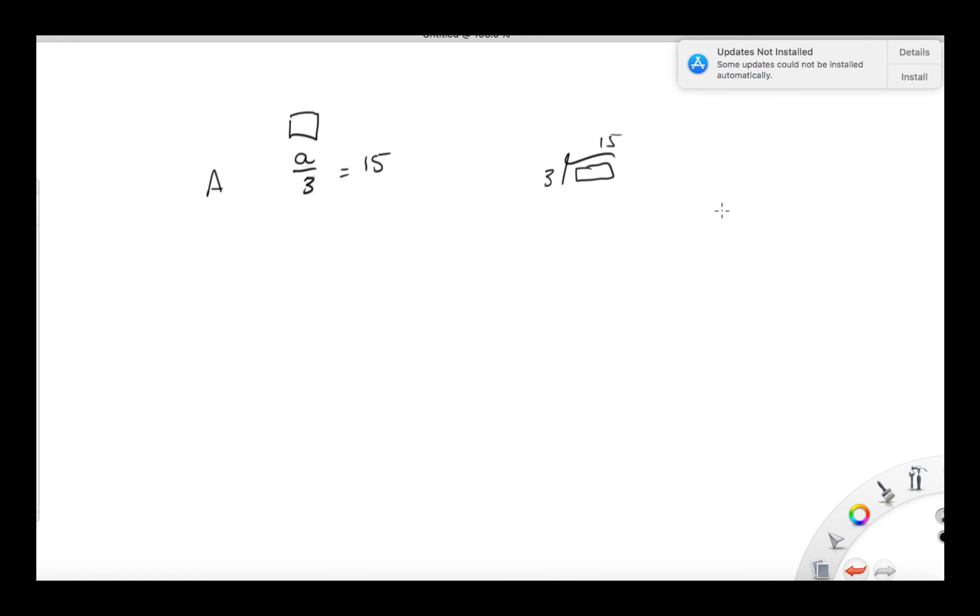All right, so if there is an A on top and you have the number down here on the bottom and 15, that means you're going to multiply 3 times 15. Okay, and 3 times 15 is equal to 45. So A equals 45. So 45 over 3 equals 15. In other words, if we did 3 divided into 45, we would get 15.